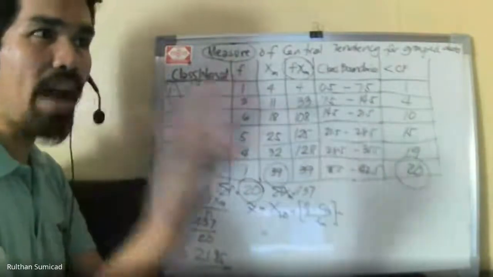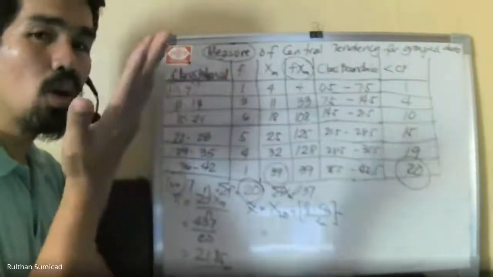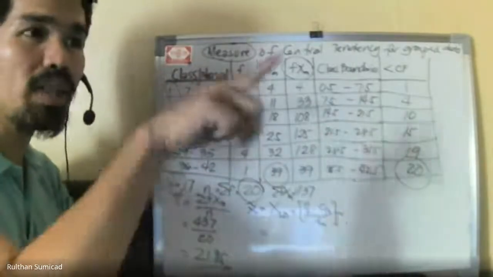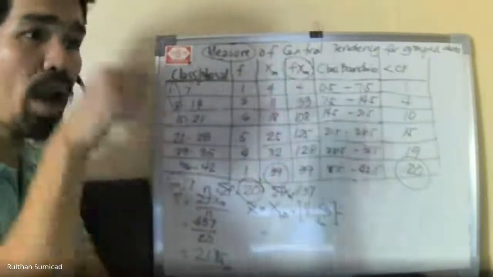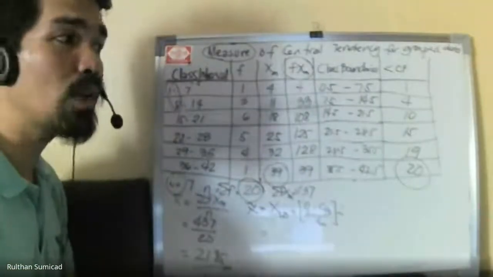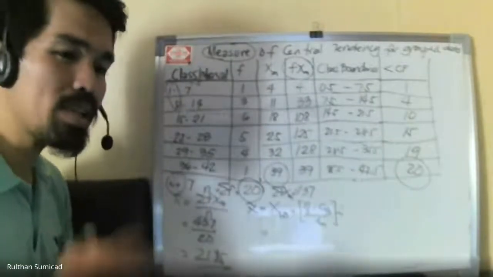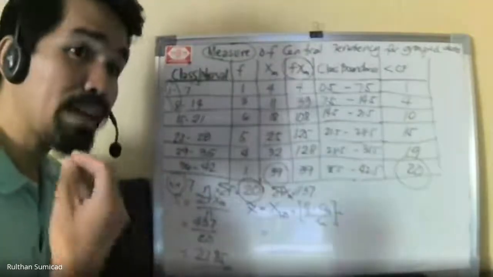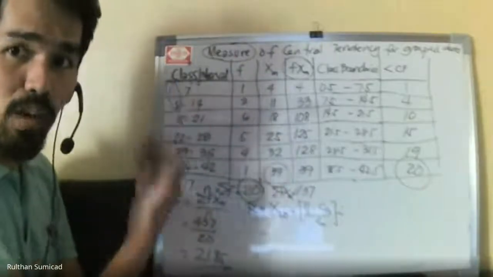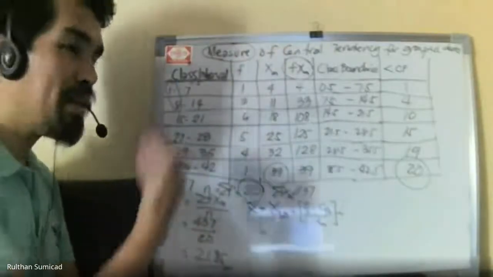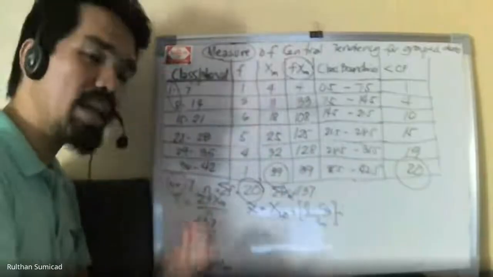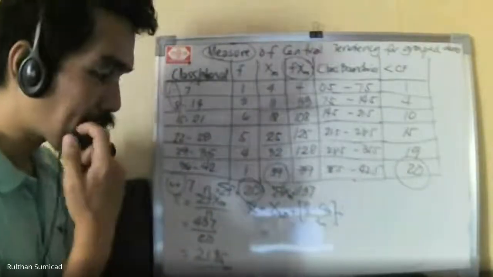It's simply getting the half of the data set and locating what is the score on that half portion. So to locate the median class, when you say class, take note, it refers to the class interval where the median is located. Again, median class is simply the class interval where the median value is located.